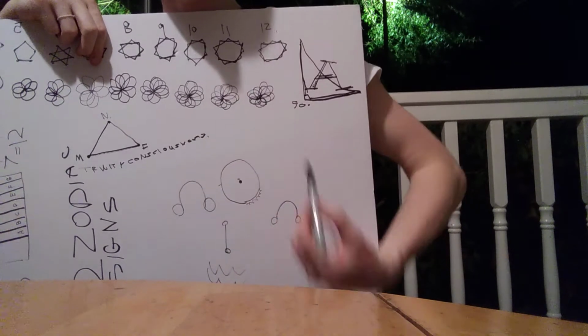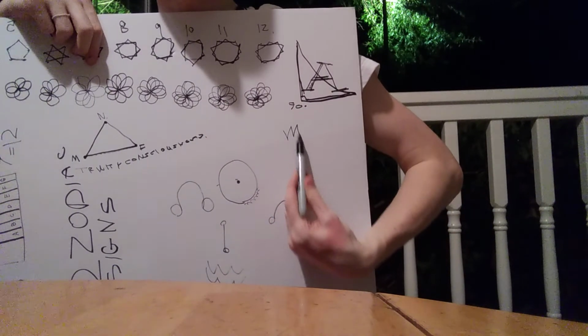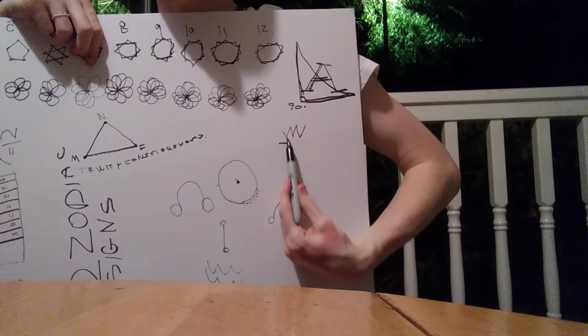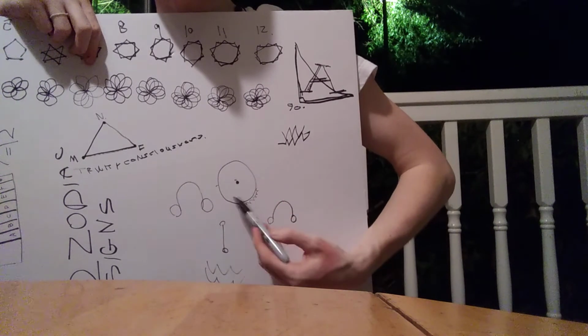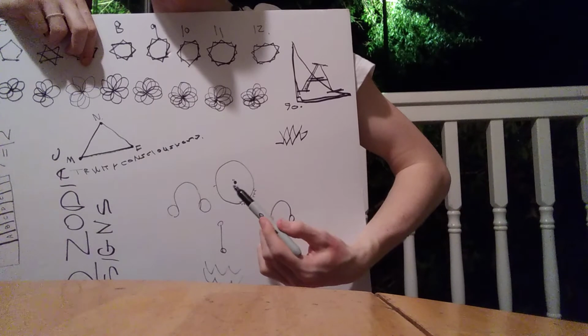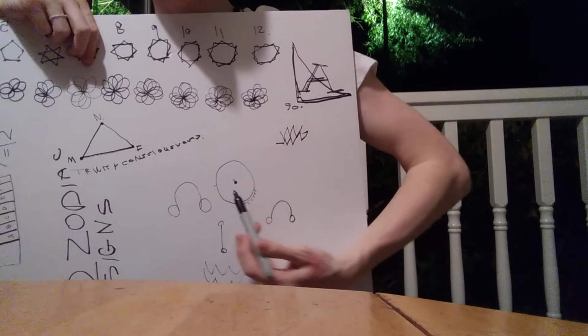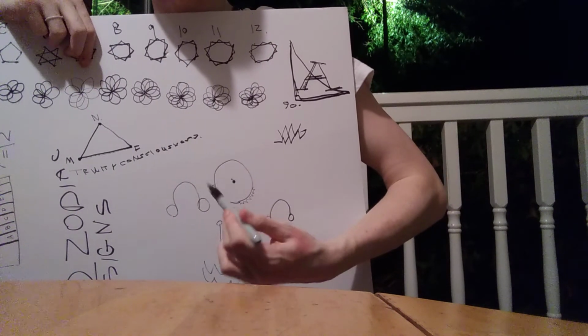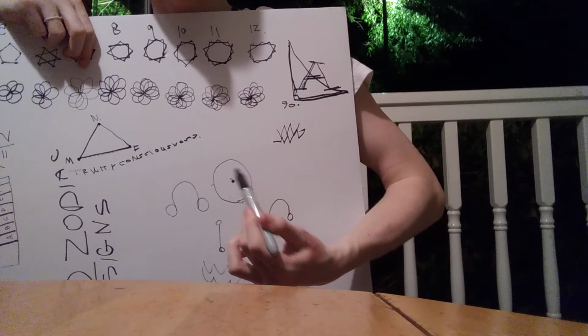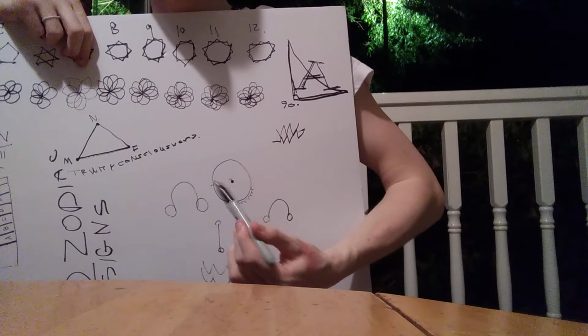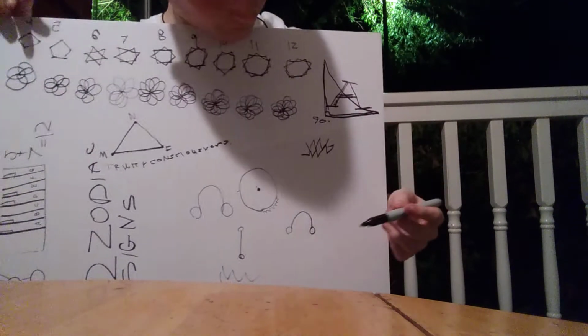Because again, Aquarians are known to be very selfless, to engage in the circle of life, which is what this circle is. So Leo is the point, and Aquarius is that sphere around it, because it's the opposite. What's the opposite of a point? A sphere, right?